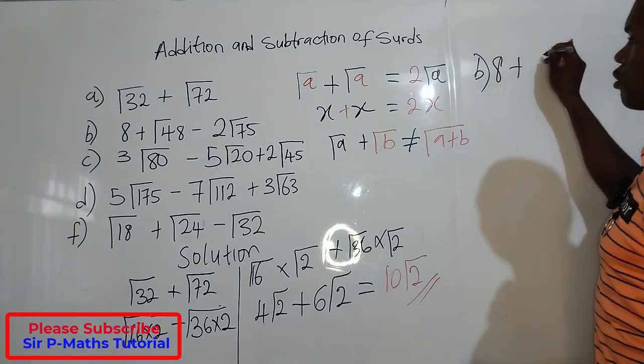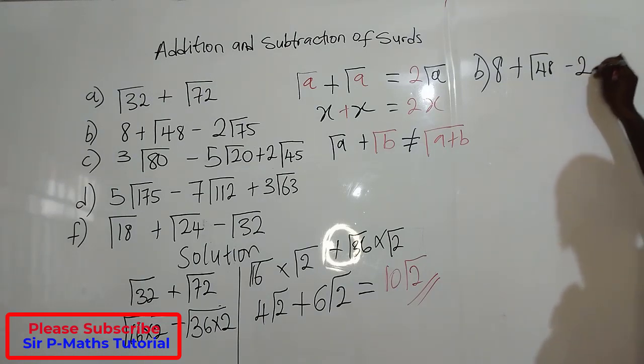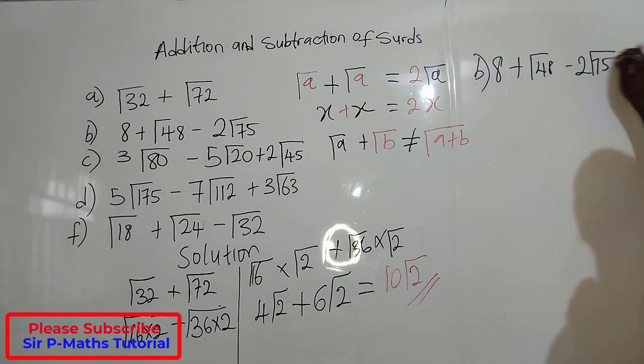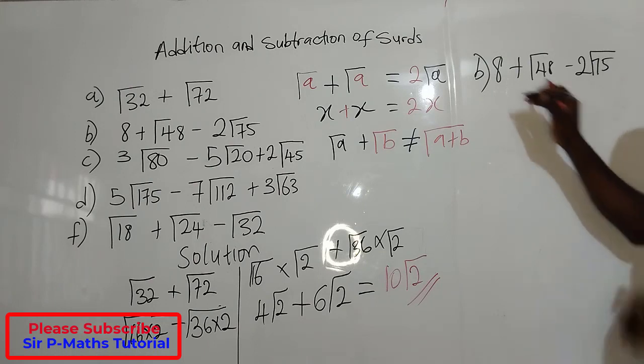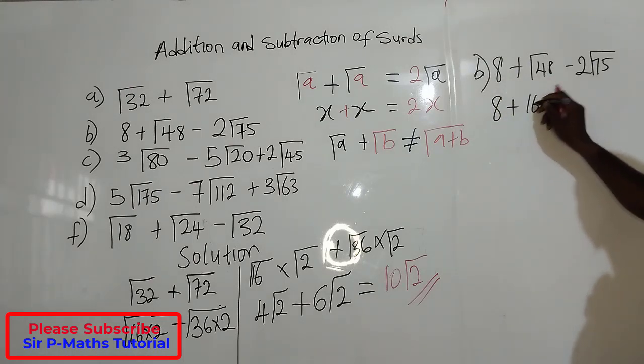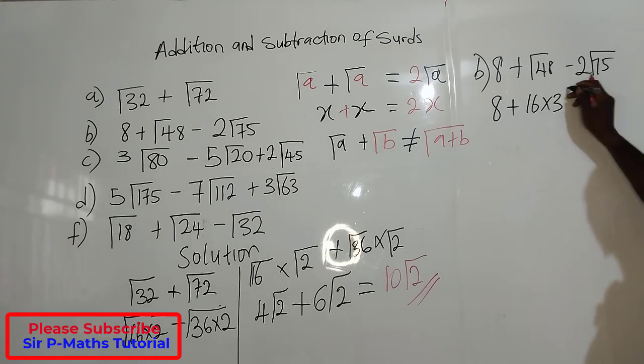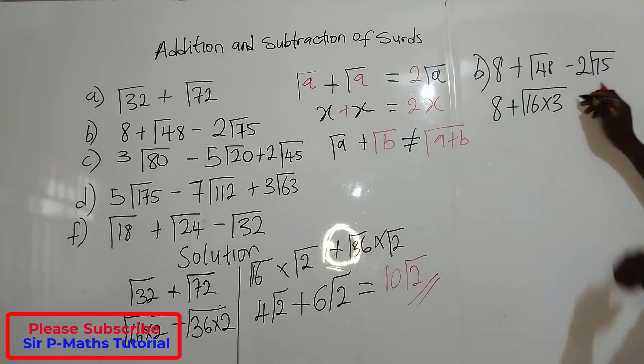I have 8 plus square root of 48 minus 2 root 75. This one is not a surd, so I'll bring it down. For 48, 16 times 3 will give me 48.